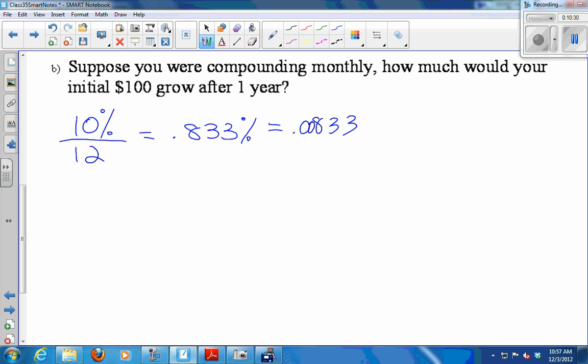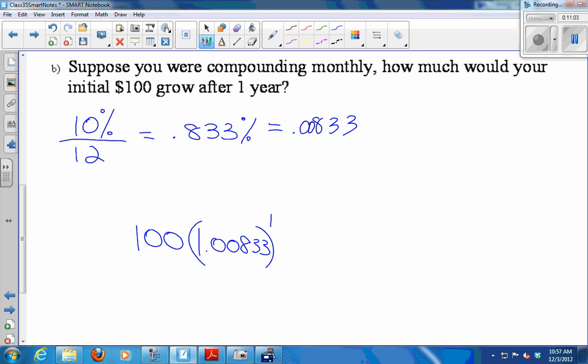All right, so I'm getting 0.833% every month, but I get to keep 100% also, so I'm going to take my initial $100, and what do I multiply it by every month to calculate my new balance? Great. 1 for 100%, 0.00833 for the percent increase. And I'm going to do that 12 times over the course of a year.